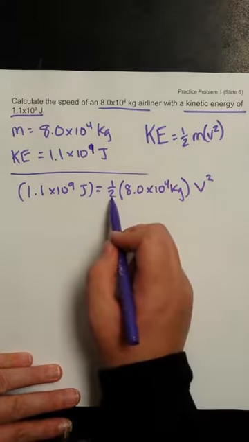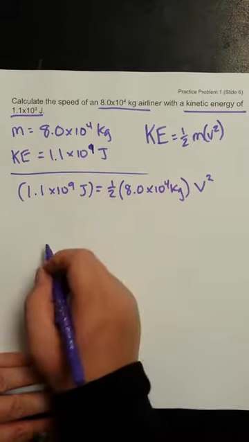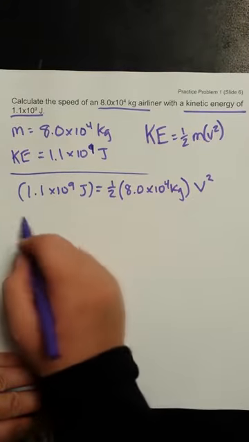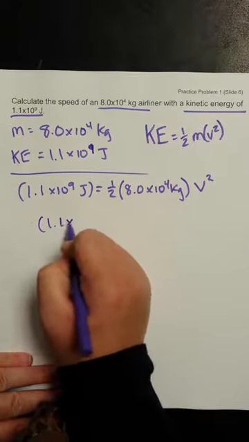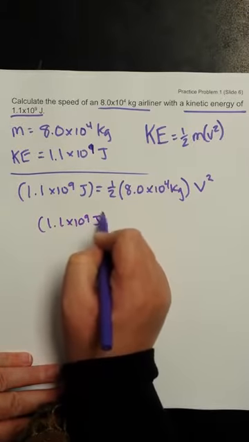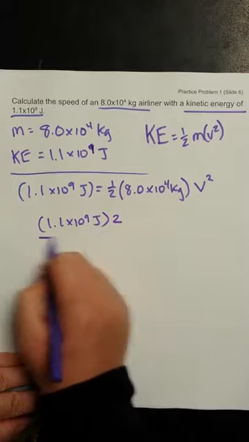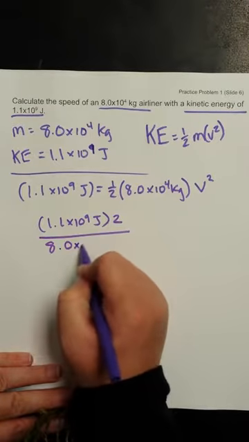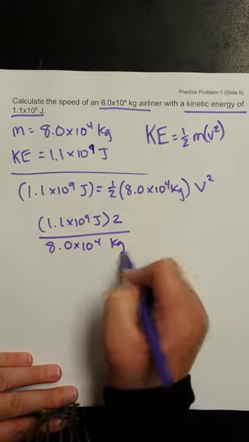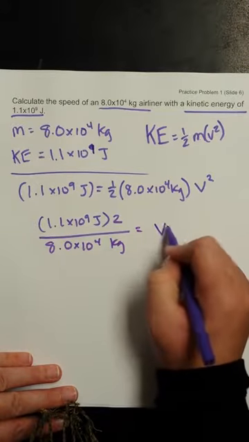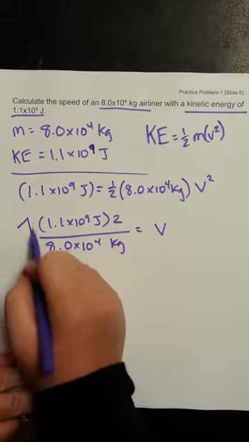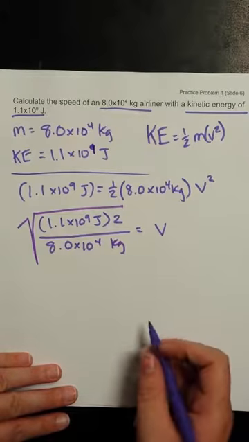Again, we can divide both sides by 1/2 and 8.0 times 10 to the 4th. That's going to give us 1.1 times 10 to the 9th joules times 2 divided by 8.0 times 10 to the 4th kilograms. It's going to be equal to v squared, but to get rid of the square, I'm going to square root, and that's just going to be equal to v.